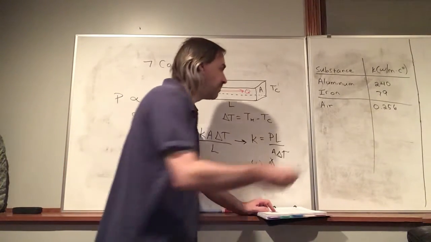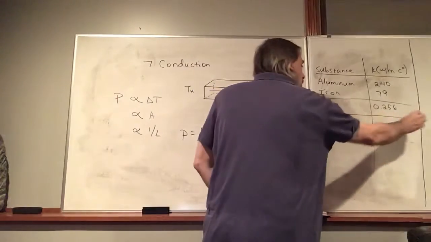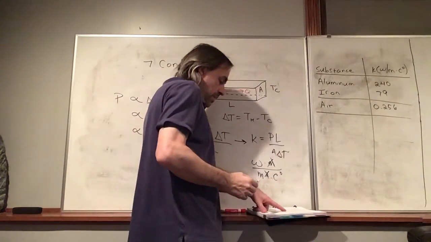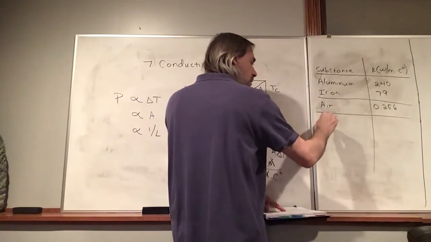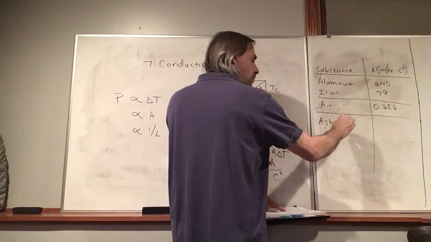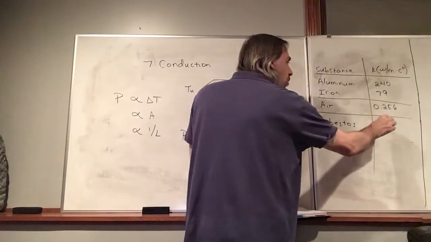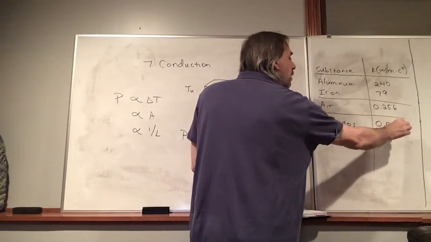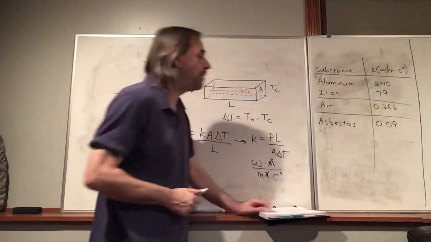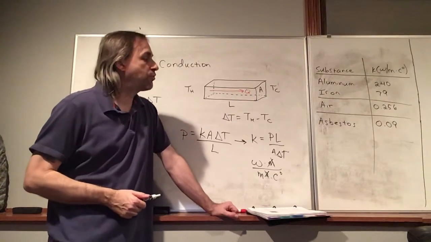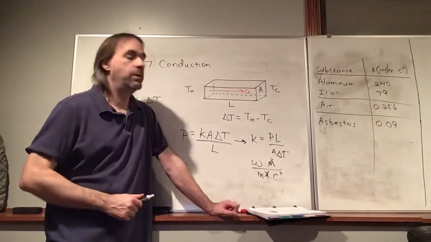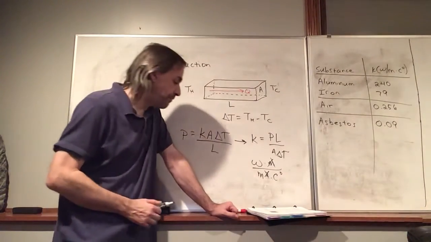Let's look at some other materials. Asbestos. This is 0.09. Compare that to other solids like metals. So yeah, this is an extremely low thermal conductivity.